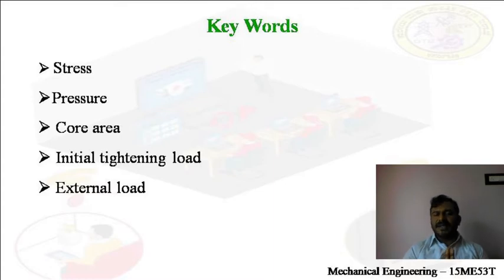That is known as initial tightening load, because the load acts on the bolts because of tightening, and the stresses developed because of this are known as initial stresses and are calculated by using empirical relations. Next, in addition to initial load, the bolt is subjected to external load also, because of load acting externally.